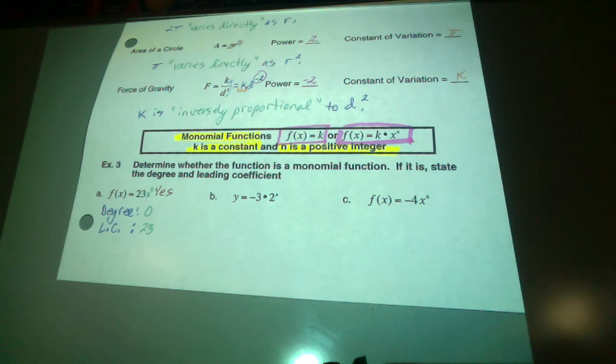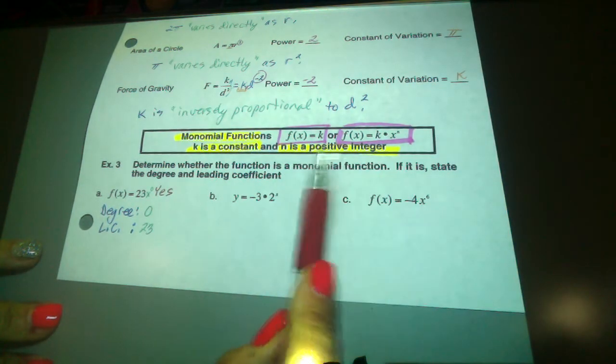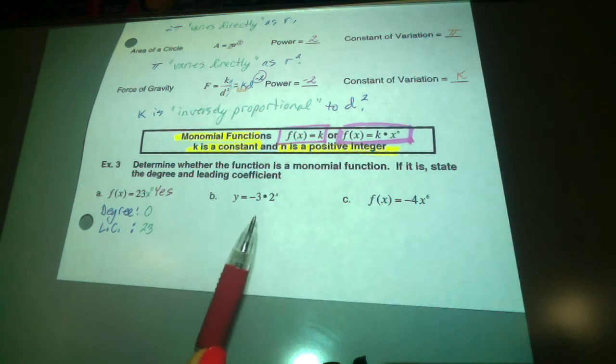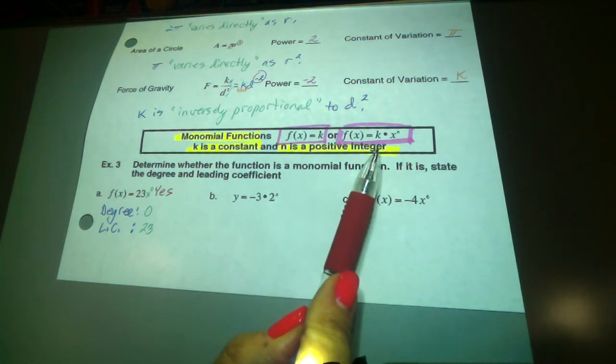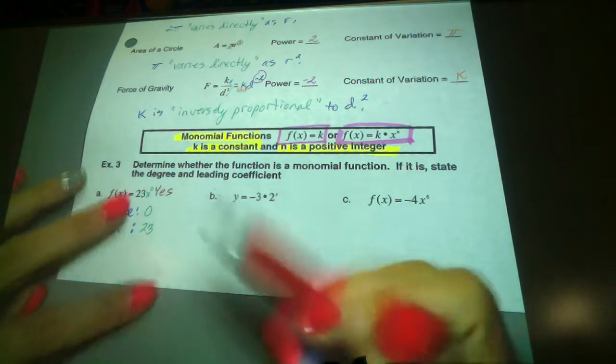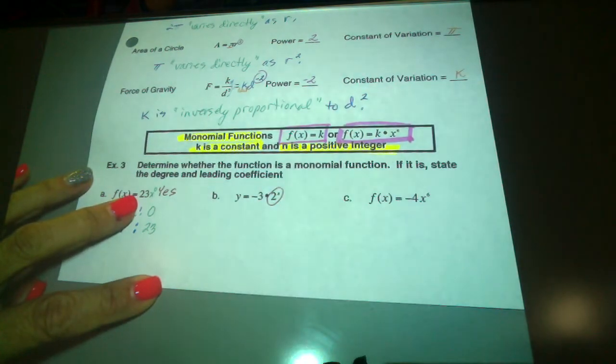What about B? Does it fall into this category? First of all, is it a power function? Not all power functions are monomials, but all monomial functions are power functions. That's not even a power function because of the x in the exponent.